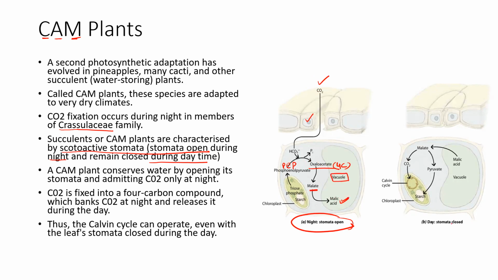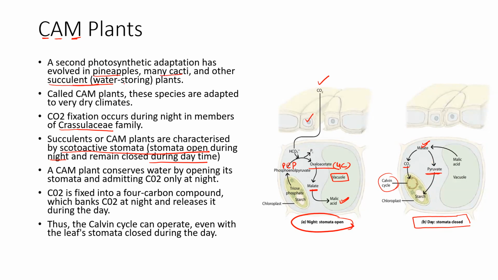In the daytime, when the stomata are closed, then what happens? This malic acid will undergo decarboxylation, and carbon dioxide will enter into the Calvin cycle. And the 3-carbon compound will be regenerated again to make PEP. So you are able to see this in pineapples, and in many cactus and other succulent plants.